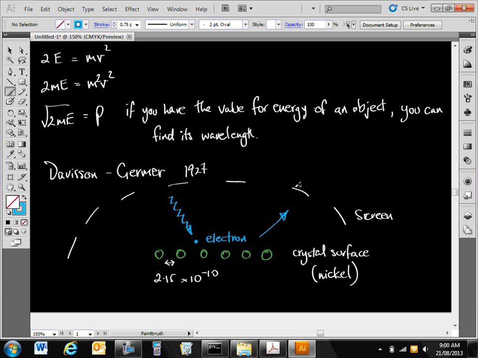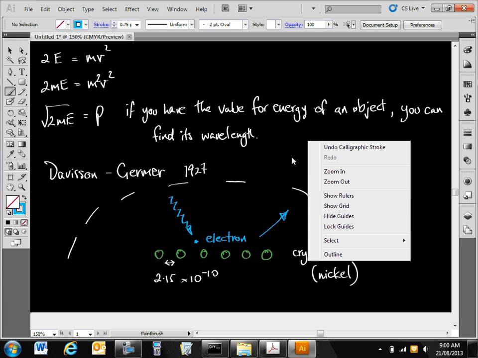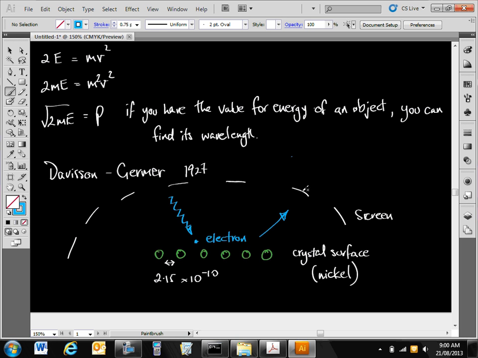These were phosphorus screens, I think, so electrons striking them, just like the old CRT TVs, would cause them to light up, and you could see very visually where these screens were lighting up.